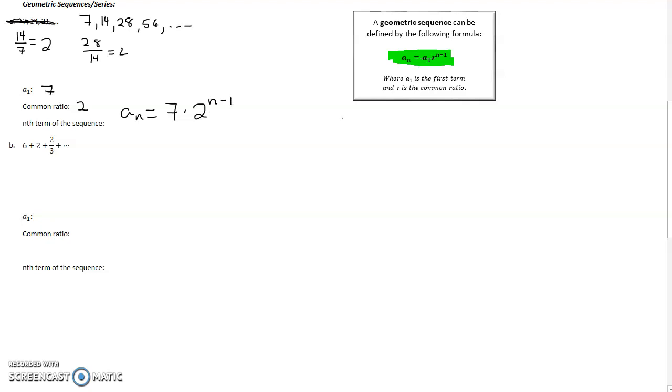So let's say I wanted to find the 11th term in the sequence. It would be 7 times 2 to the 11 minus 1, which is 7 times 2 to the 10th power. And 2 to the 10th power is a massive number. Geometric sequences in series grow a lot faster than arithmetic sequences in series.